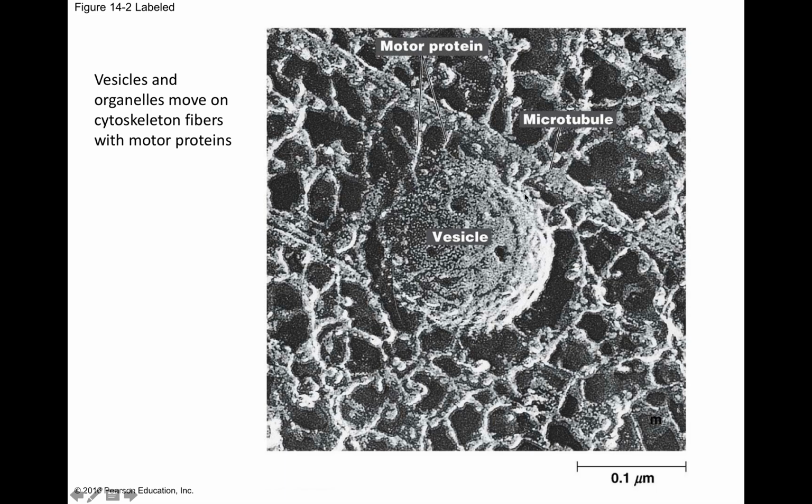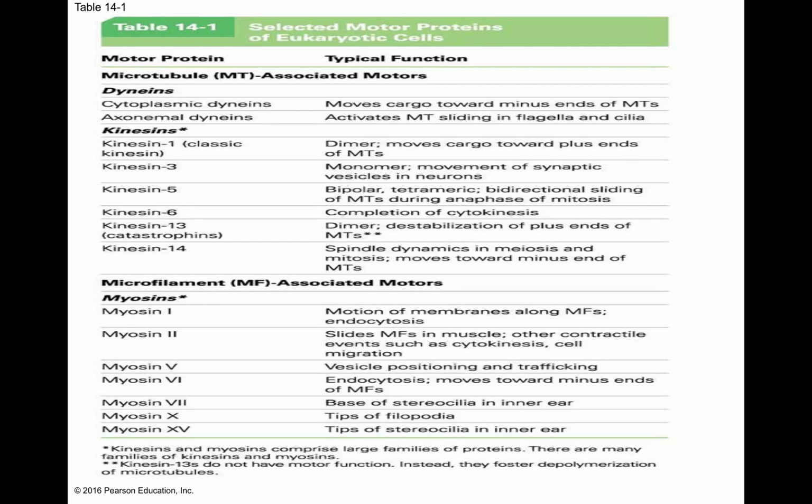And here's a microtubule with a big vesicle on it, and then these may be actin filaments or intermediate filaments or both, but these motor proteins attach themselves to vesicles and actually move them, and it's pretty fascinating if you haven't seen these things work before.